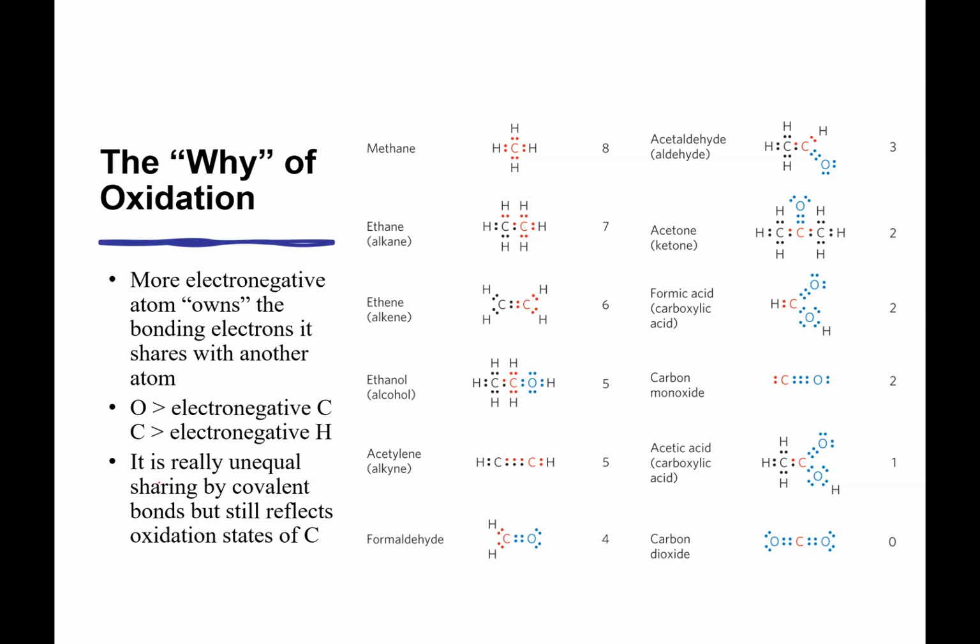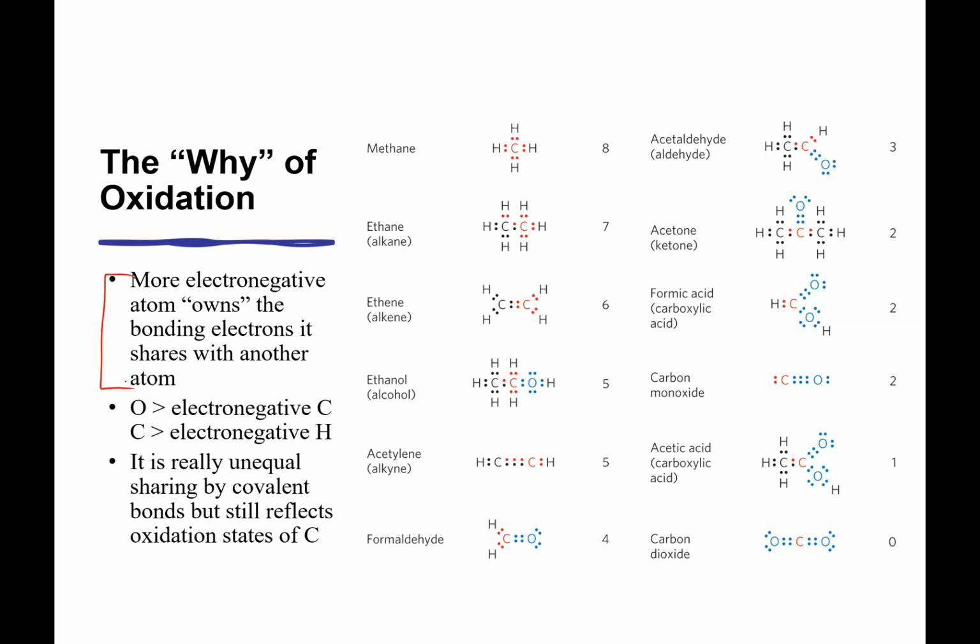I just want you to have the conceptual understanding that oxidation is largely defined in this context as the more electronegative atom, which we can view as owning those shared bonding electrons, because it's a covalent bond, right? The electrons are shared. But in the case of these metabolic intermediates, we're almost always dealing with carbon, hydrogen, and oxygen, right?